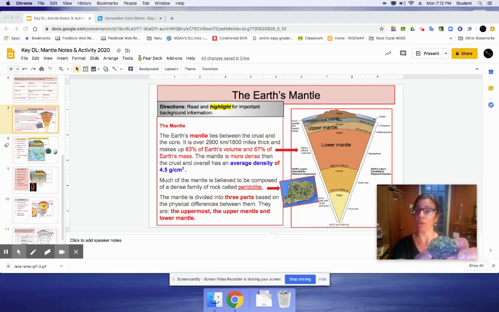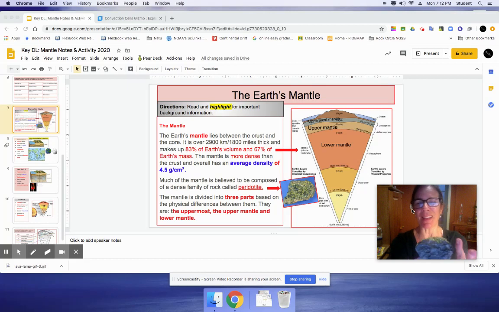And so if I turn this so that you can really see this, you can see that green, shiny, beautiful mineral on the peridotite. Guys, this is super, super heavy. I have to tell you, this rock for its size is really, really dense. This is a perfect example of a rock that would come from the mantle.